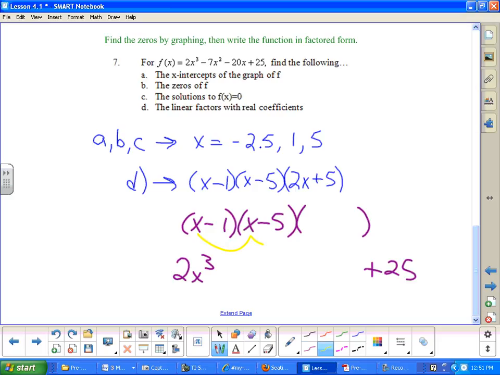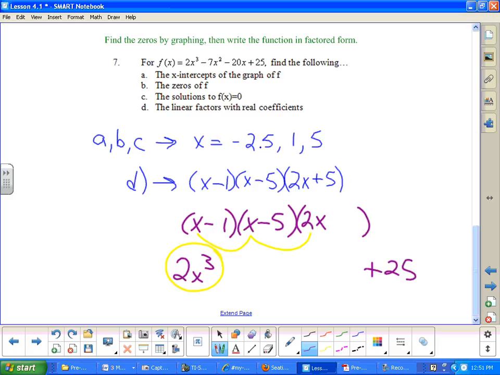These 3 multiplied together have to equal the first term. So that means this has to be 2x, because x times 2x would be 2x cubed.